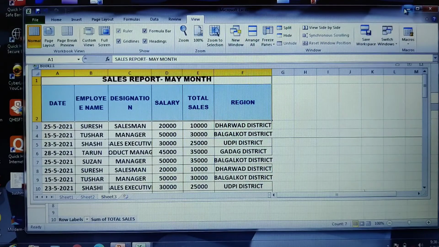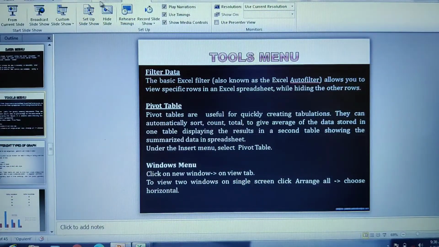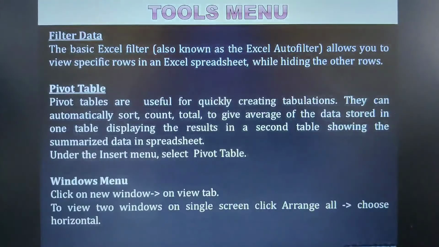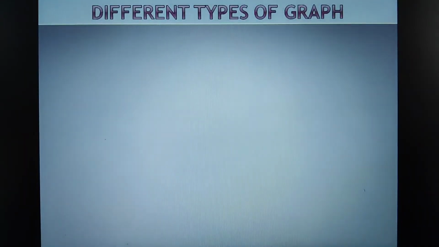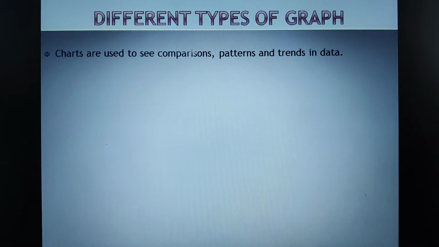Now let us continue with our PPT. We shall discuss here the different kinds of charts, a very important topic. So what is the usage of charts actually? What is the purpose of having a chart? If we want to represent our data in a statistical, graphical presentation form, then we can go for the different types of charts or graphs.